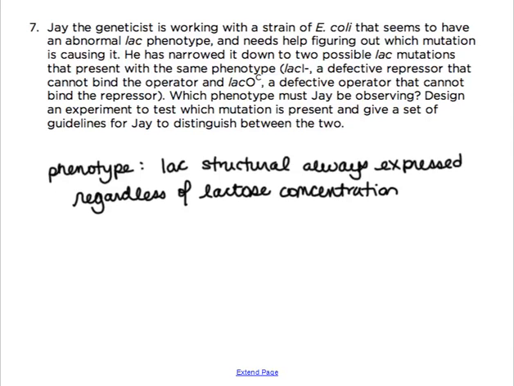Okay, and that's because either way, there's no way for a repressor to bind to the operator to block transcription.